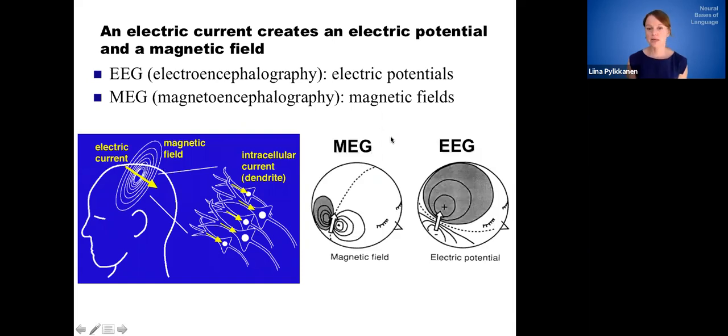So now if we're looking at the picture on the scalp, we would have the current here creating that electric potential. So negative potential here, positive here. And then around the current, we also have a magnetic field. So those are two different manifestations or two different correlates of the underlying electrical activity. So we can measure both of these reflections of the current activity.